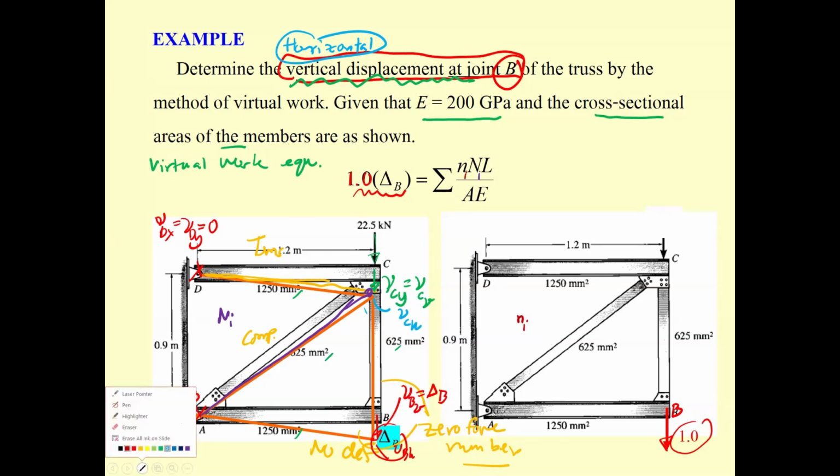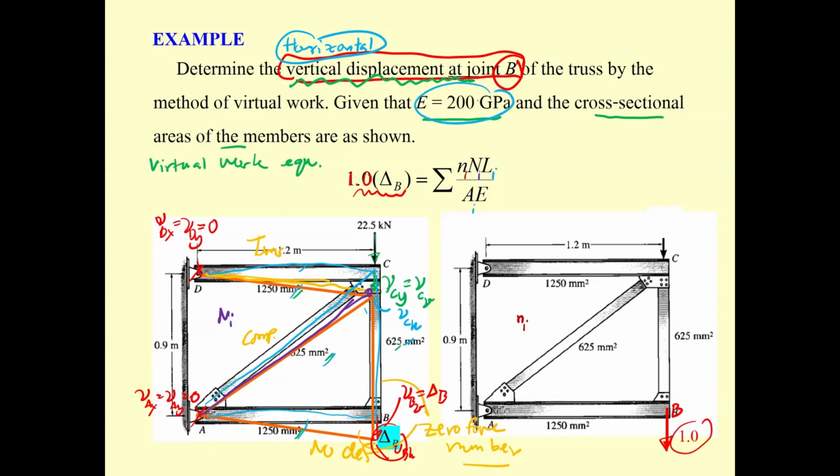Just take L sub I. This one is 1.2, this one is 1.2, this one is 0.9, and 0.9 and 1.2. This is going to be 1.5. A sub I is over here, and E is over here.